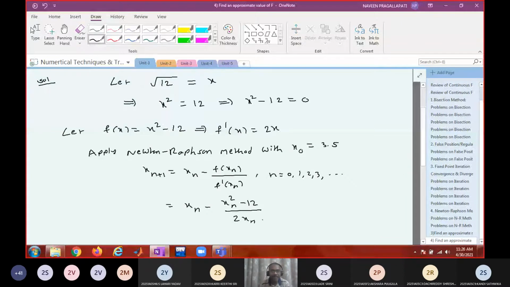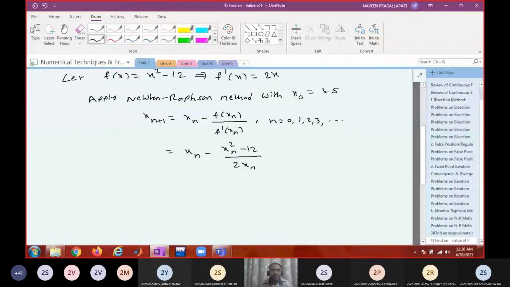Shall we write like this? Okay. So then it would be 2xn square minus xn square plus 12 by 2xn. So this is xn square plus 12 by 2xn. Is that fine? So this is an iterative formula to find out the sequence of approximations.